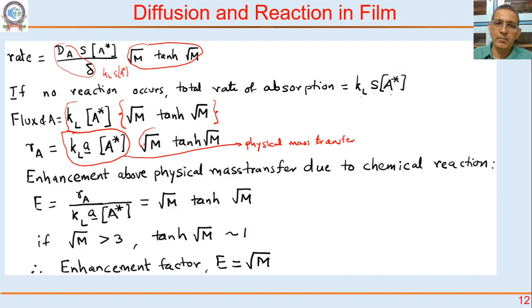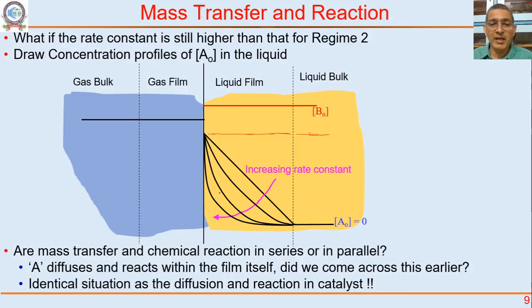And this other term is a multiplication factor. Why is this coming? Because of the rate of reaction, because kinetics are faster. If it was physical mass transfer, it would have been like this. This is for physical mass transfer. This is actual.